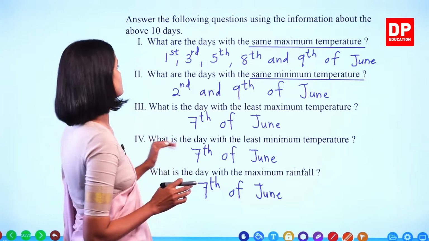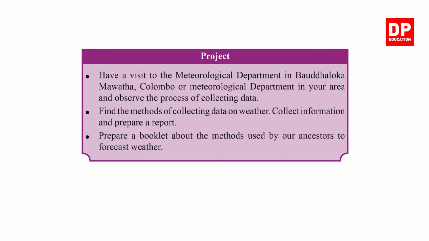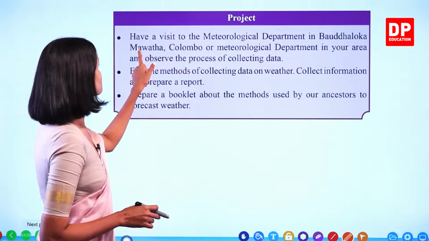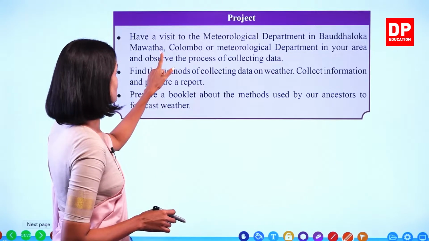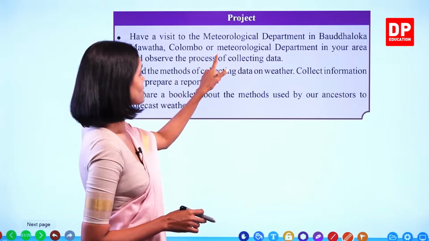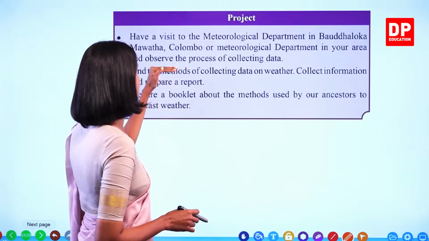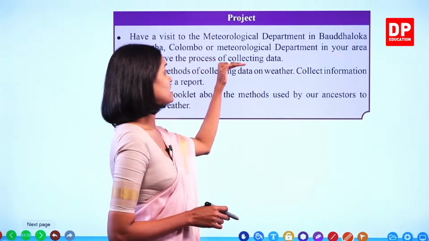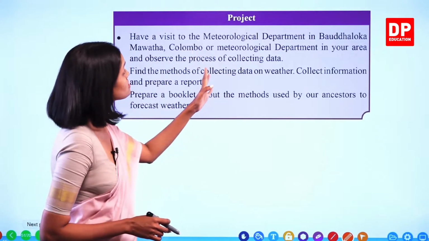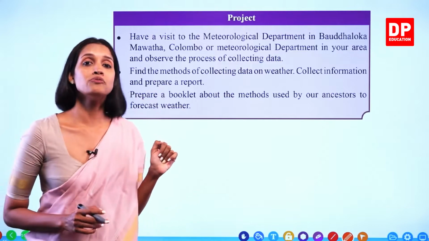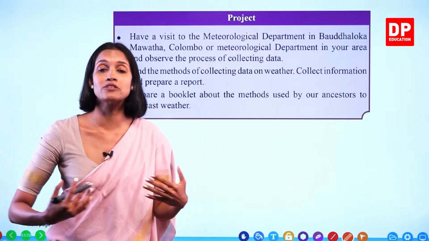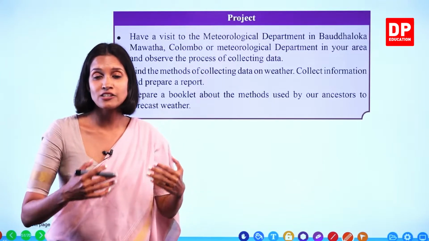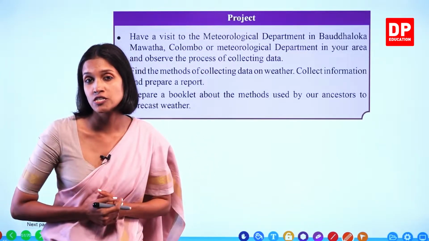Okay, children? We'll move on to the next. So we have a project at the end of the lesson. Have a visit to the meteorological department in Baudaloka Mawatha, Colombo, or the meteorological department in your area and observe the process of collecting data. If you visited one of these places, you will see that they have different high-tech instruments to collect the data on different weather conditions.